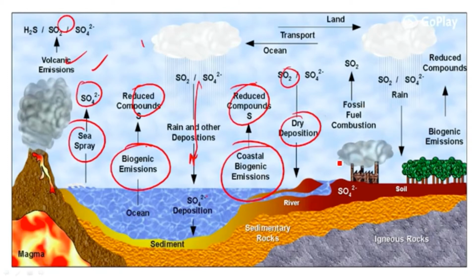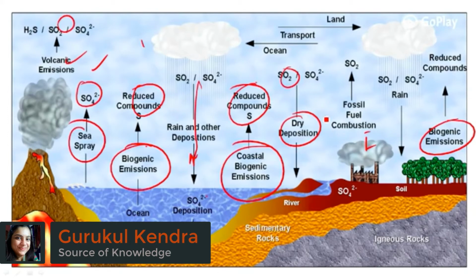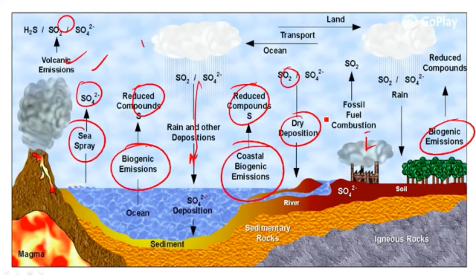Other sources of sulfur include industries, biogenic emissions and fossil fuel emissions, and all these contribute sulfur to the ecosystem. Along with that, the sedimentary source of sulfur is also there, with upliftment of land, weathering, erosion and runoff. This is the sulfur cycle.